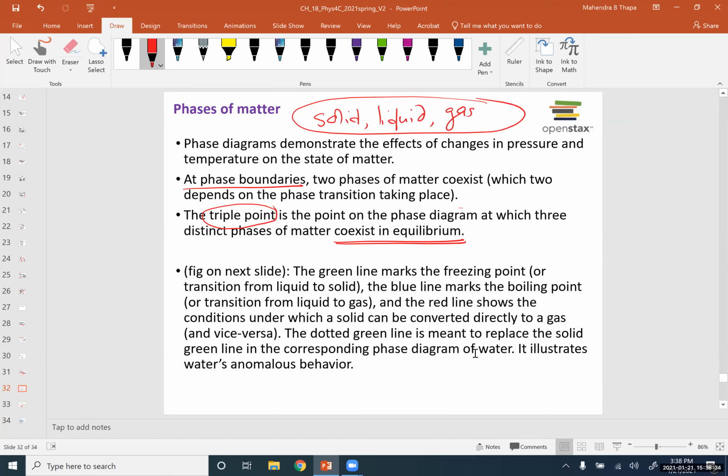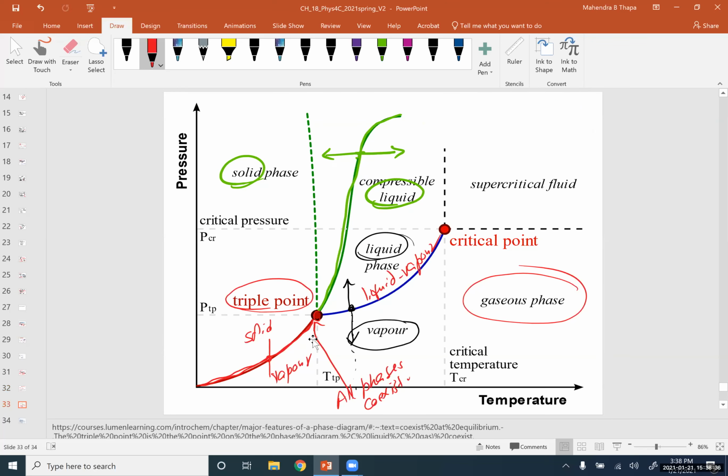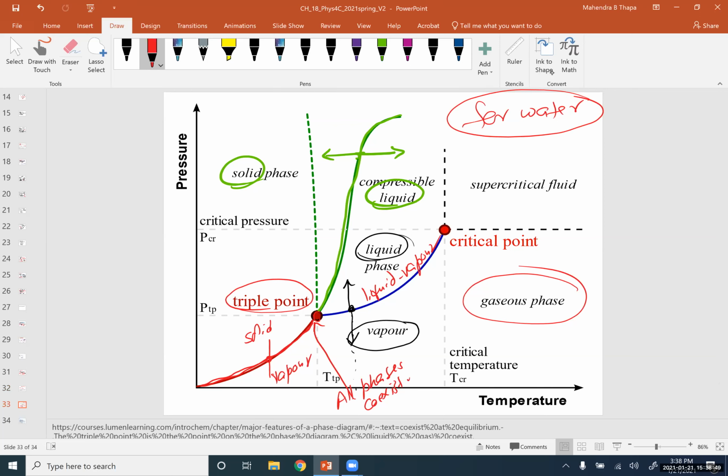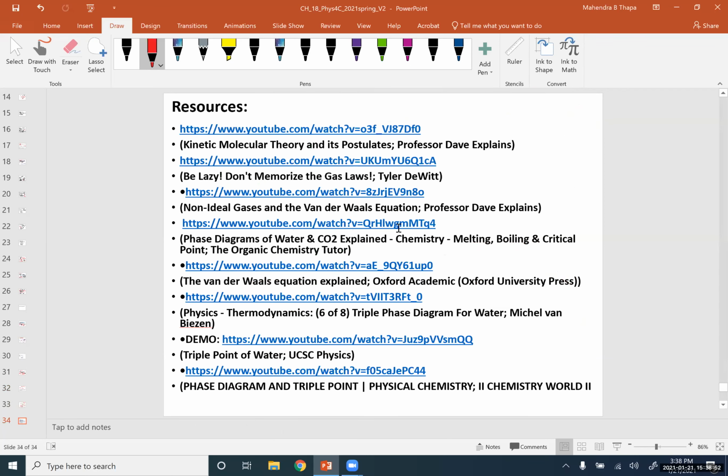This phase diagram is different for different substances. This one is for water, but it could be different for CO2 gas and other gases. So this is some further resource you can look at when you get free time.